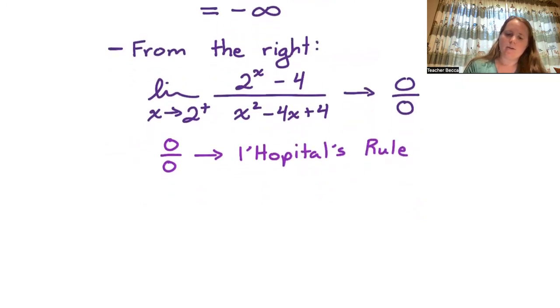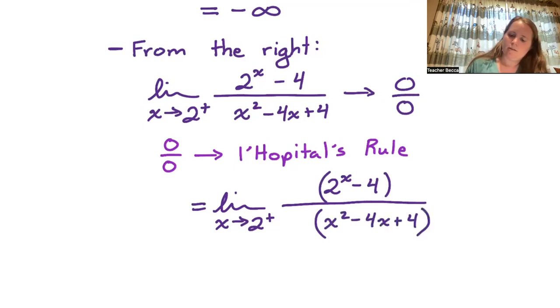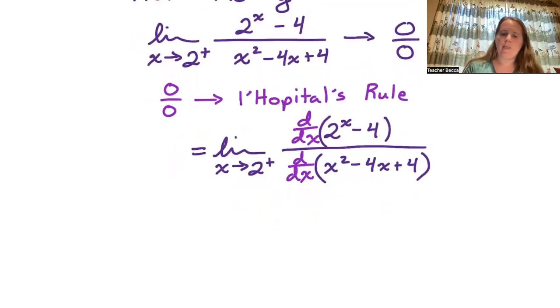Once again, this limit will be equal to the limit as x approaches 2 from the right of the derivative of 2 to the x minus 4 over the derivative of x squared minus 4x plus 4. Taking the derivatives, we get exactly what we were looking at before. We were just looking at the limit from the right this time as opposed to from the left.